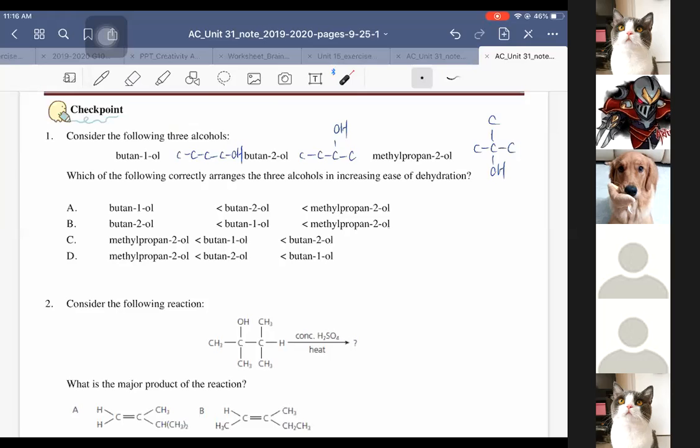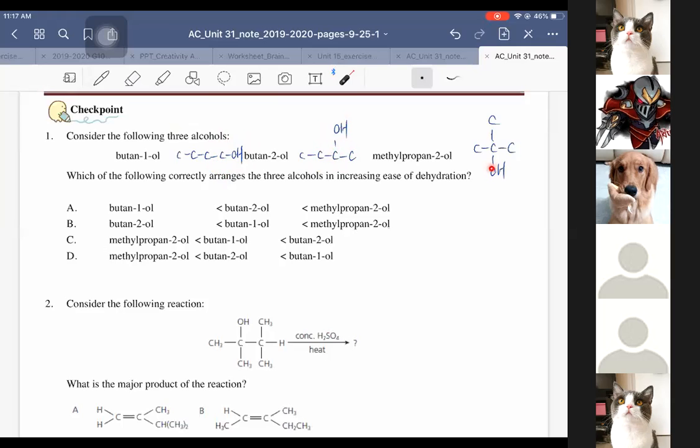You can quickly spot that the first one, butan-1-ol, is the primary alcohol, and the second one is the secondary alcohol. This carbon attached to the hydroxyl group has two alkyl groups attached to it, so that's a secondary alcohol. So that should be placed in the middle.